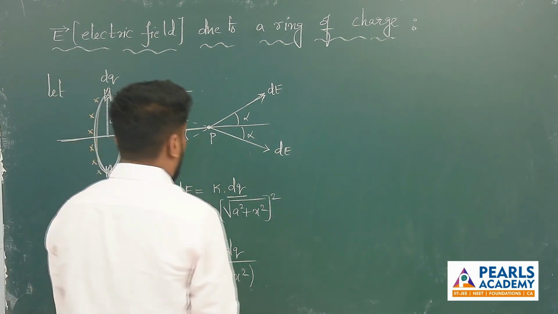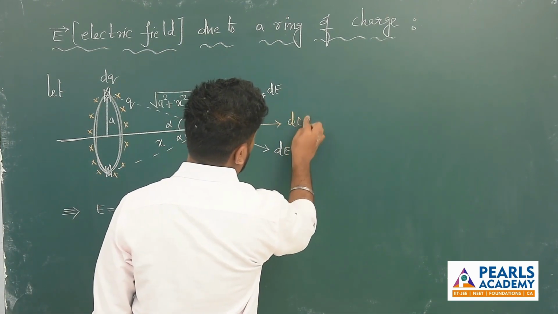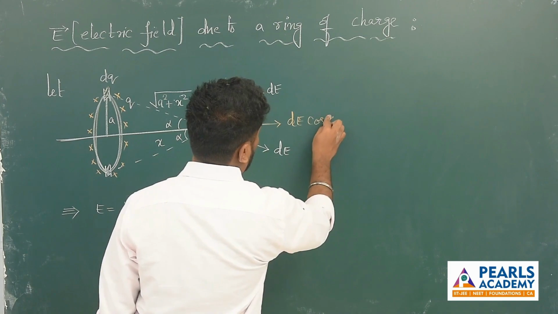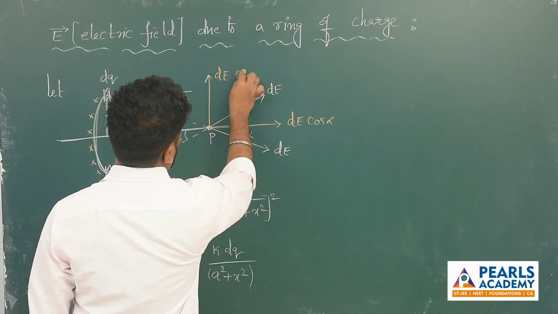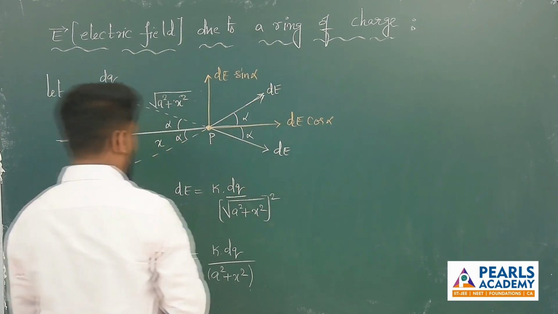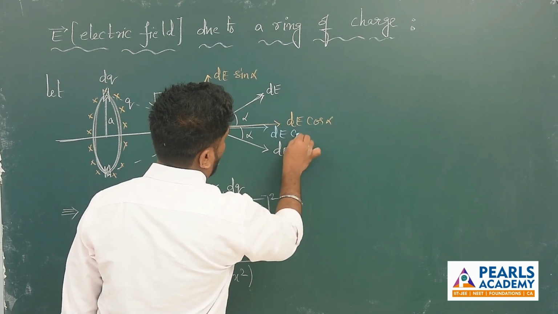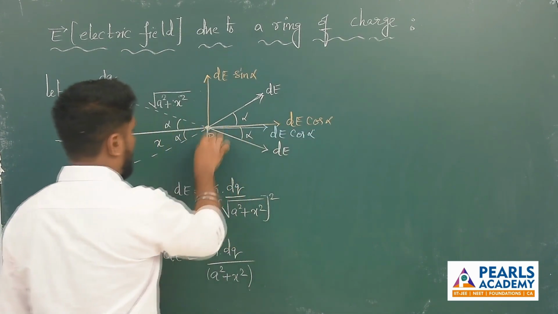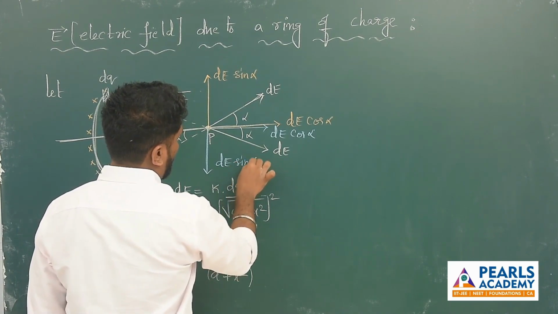If I take the components of this dE, here it will be dE cos alpha and dE sin alpha, and for the bottom one also dE cos alpha and dE sin alpha.